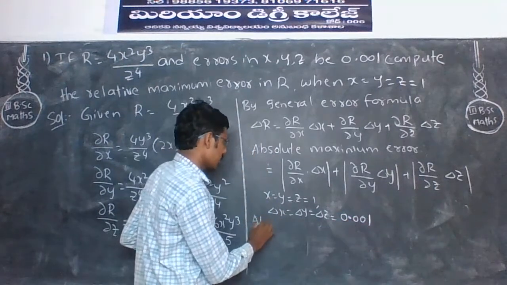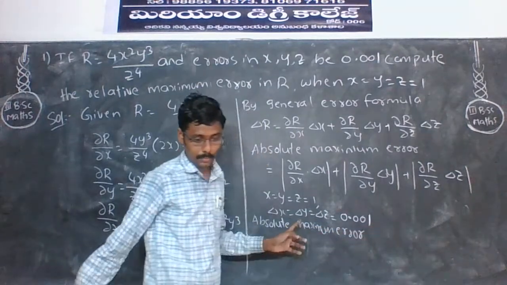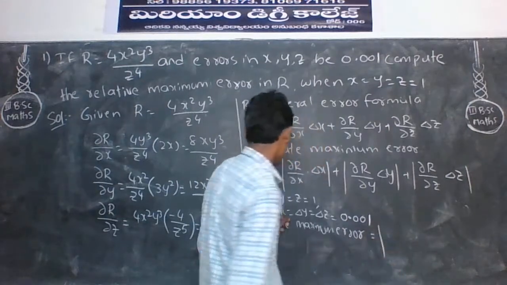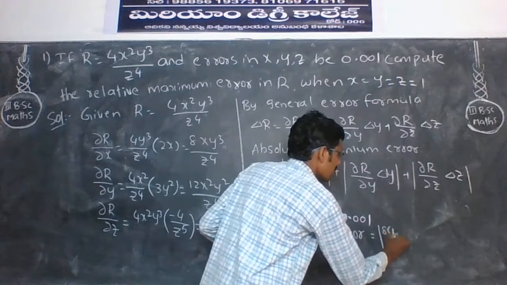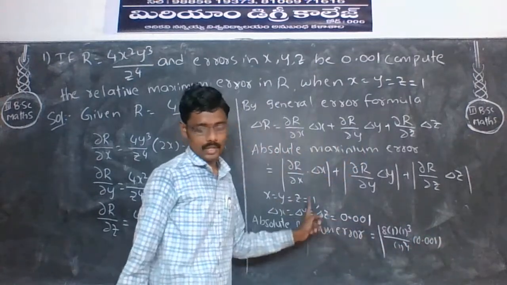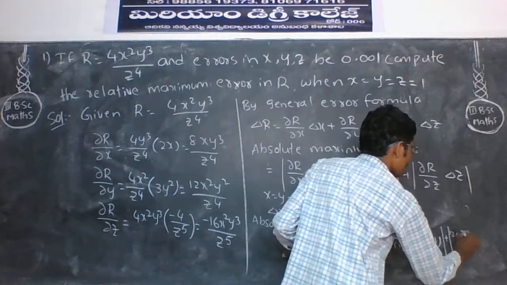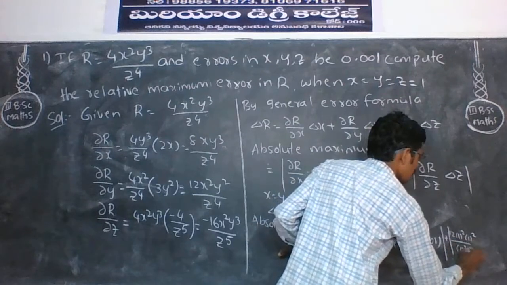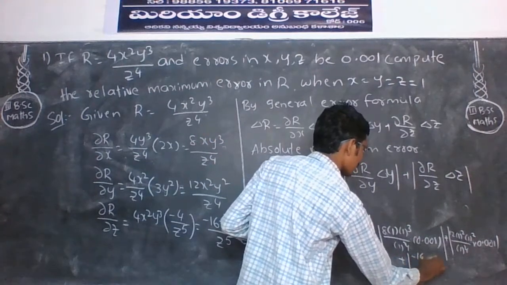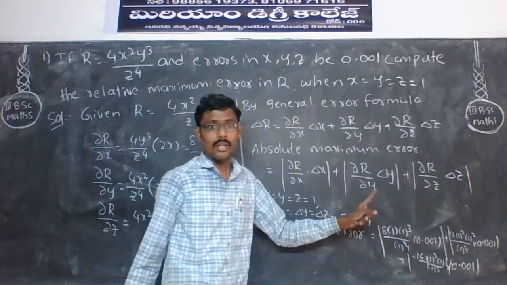The absolute maximum error is equal to: ∂R/∂x with x, y, z values 1, that is 8 into 1 cube by 1 power 4 into 0.001, plus 12 into 1 square by 1 power 4 into 0.001, plus 16 into 1 square into 1 cube by 1 power 5 into 0.001. The absolute value of the negative is positive.